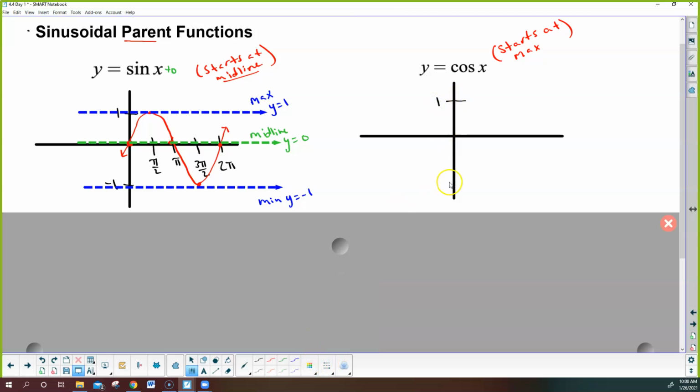We're going to go up 1, down 1. We're going to have 4 tick marks. The fourth tick mark is always 2 pi. You don't technically need to label every one like we did here. I think it's good practice to.